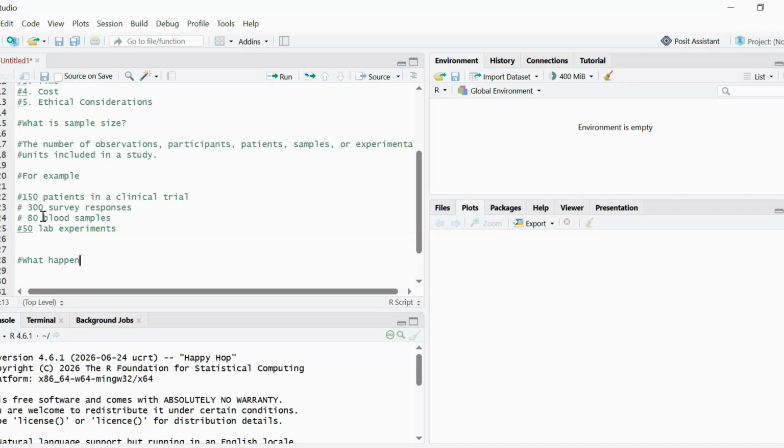So what happens if the sample size is too small? A small sample size can lead to 1.